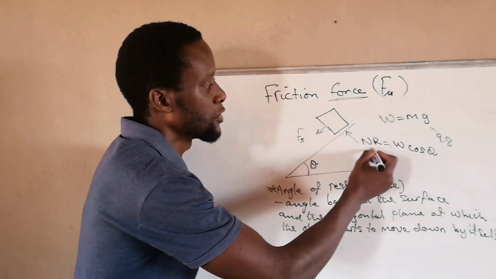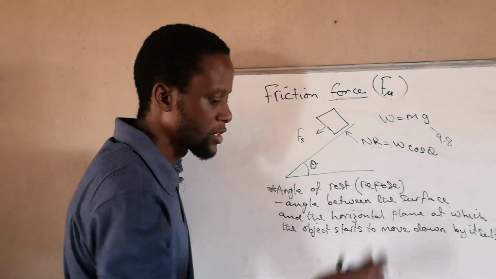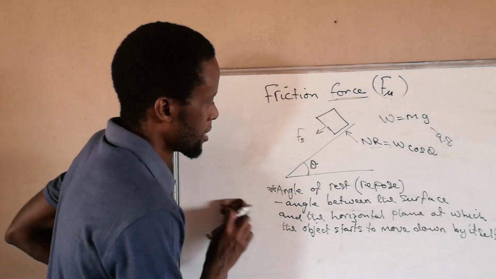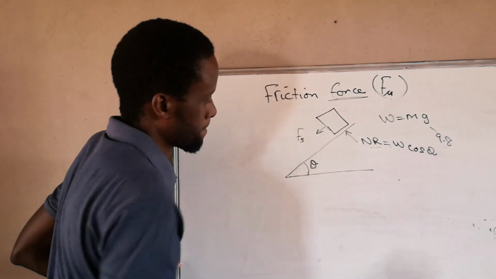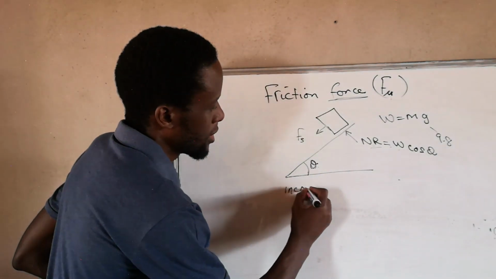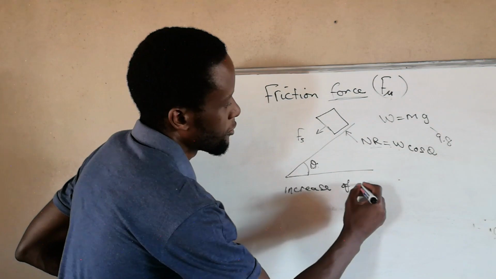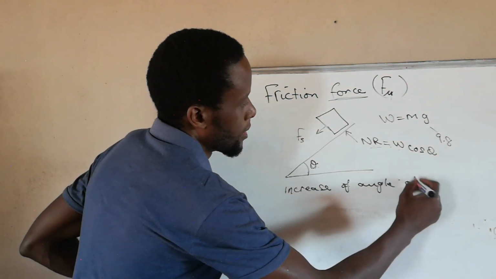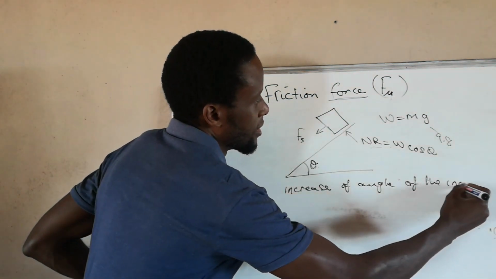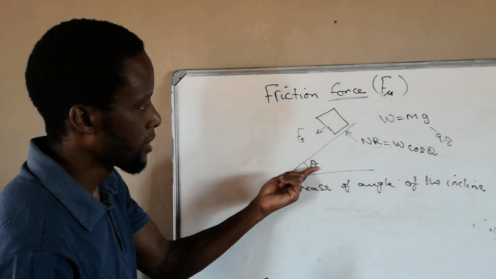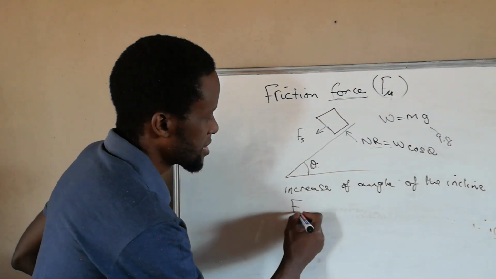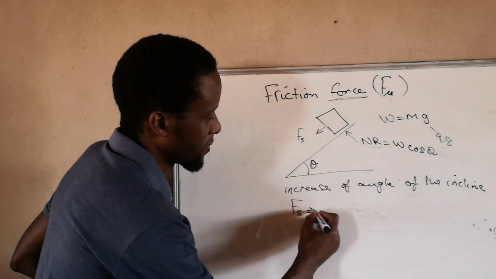And what we know is that if normal reaction decreases, then the friction force is going to decrease. So now, let's say we increase the angle of the incline. The more we increase this angle, what happens is that sliding force does what?